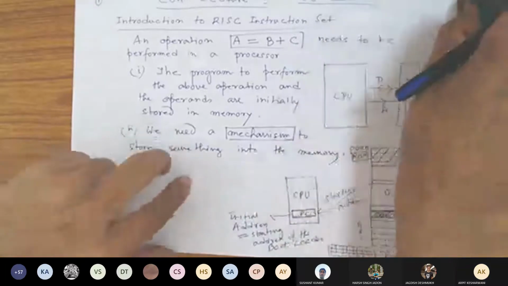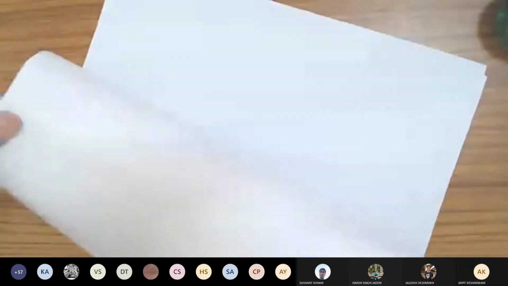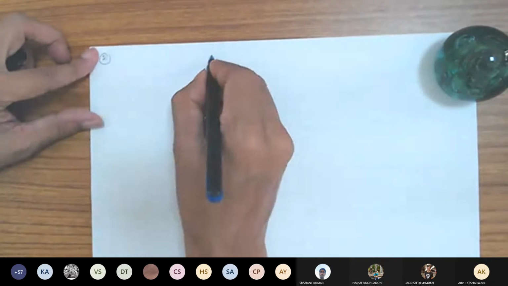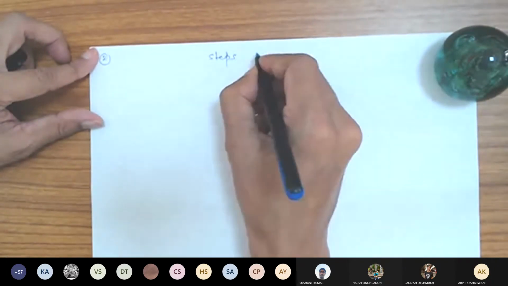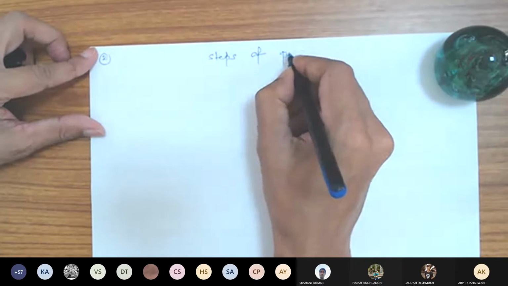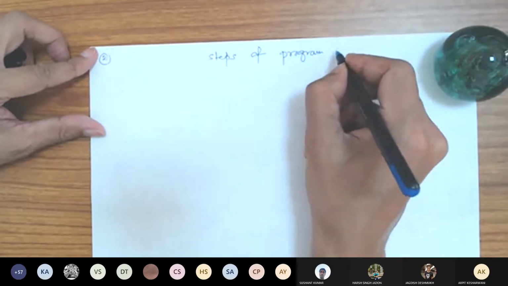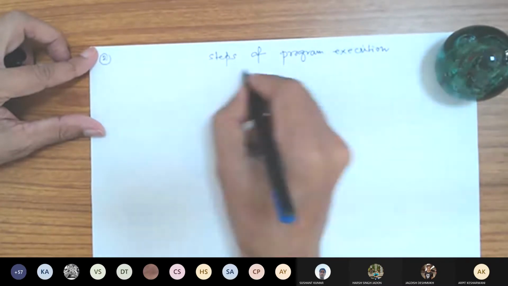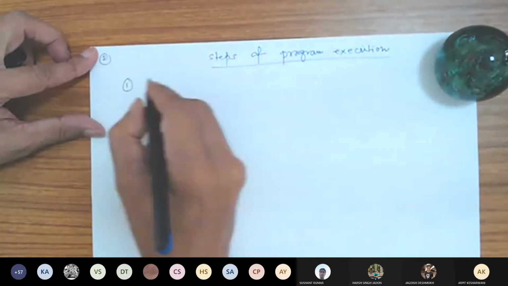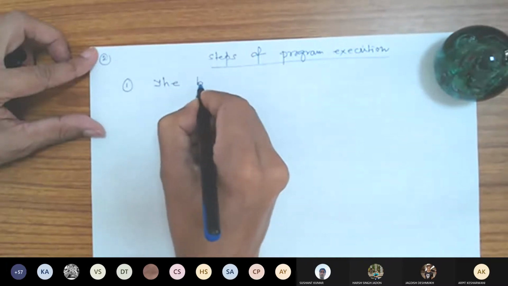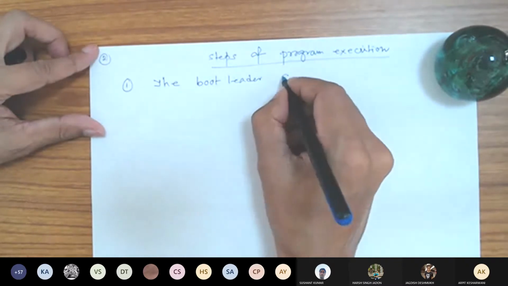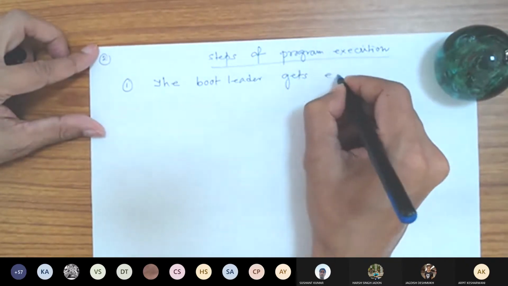Yes, sir. So let me formally write down the steps. What I was explaining through diagrams, let me formally write. So, steps: the bootloader gets executed.